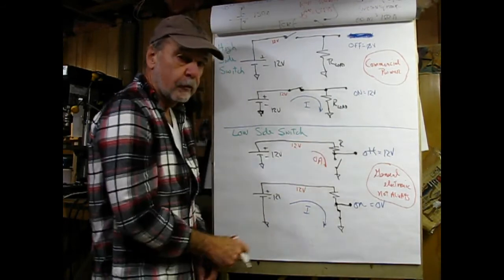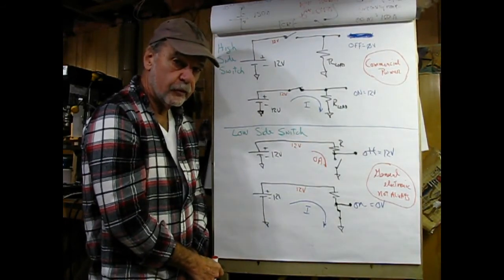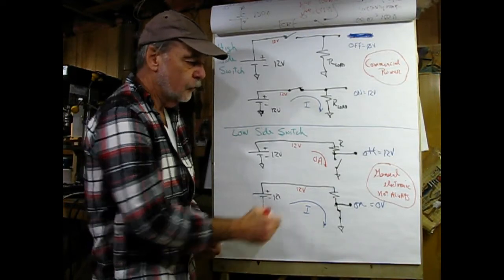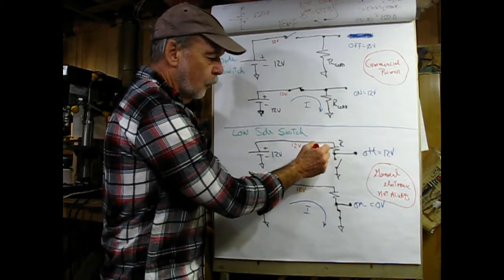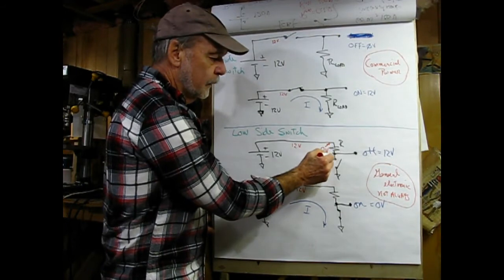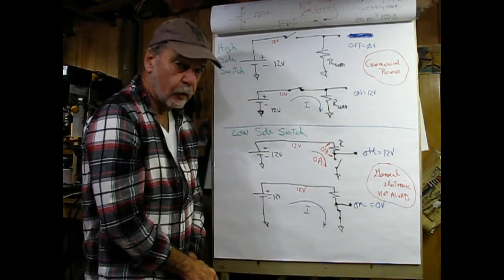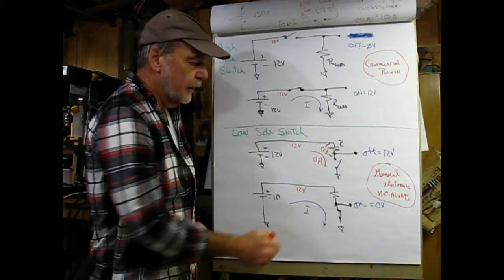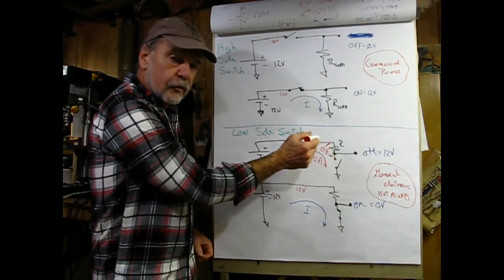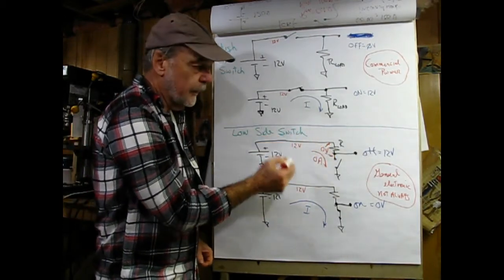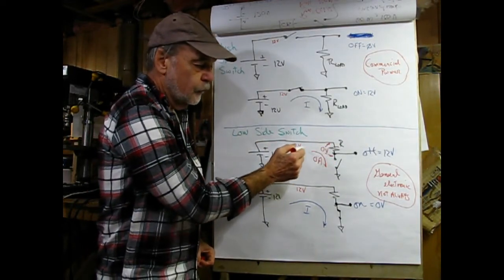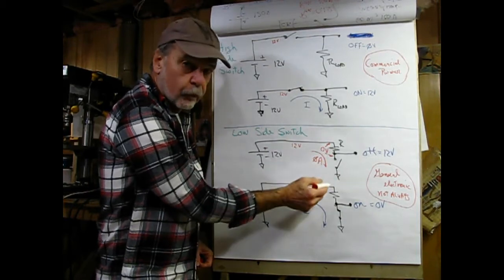The voltage drop across the resistance is equal to I times R. 0 times any value of R is going to give a 0 volt drop. The drop across this resistor is 0 volts. What that means is that the voltage on this side is the same as the voltage on the other side, which is 12 volts.